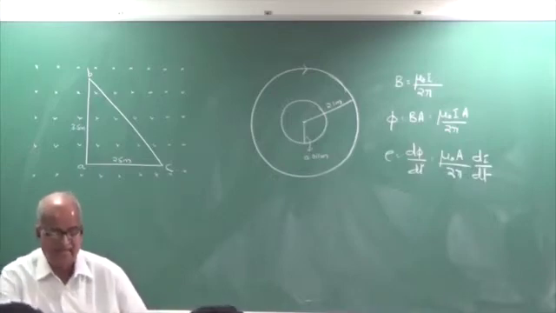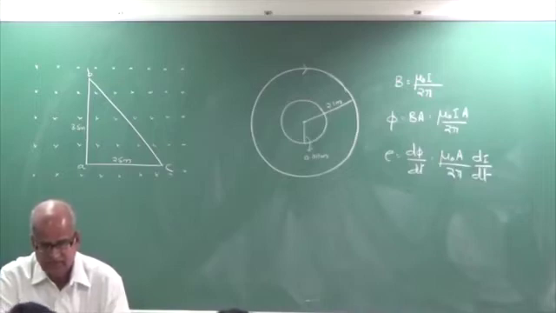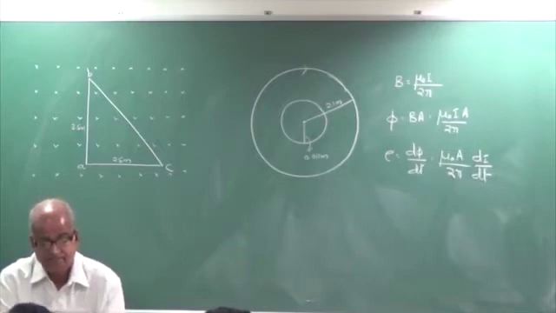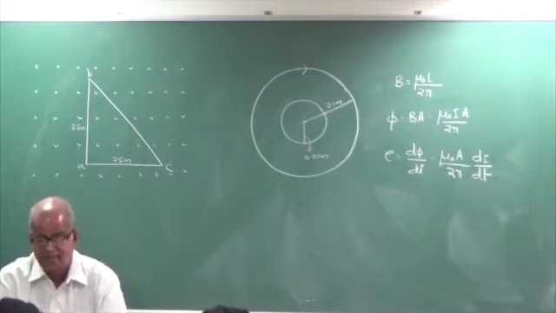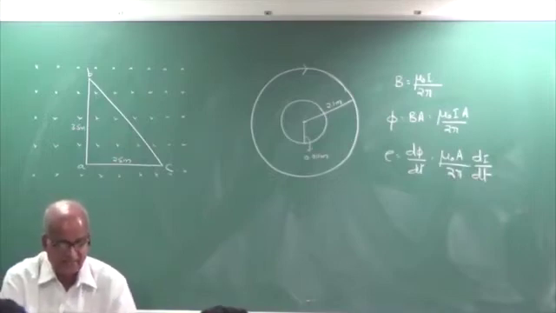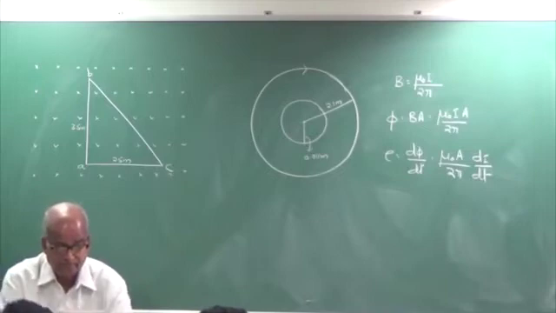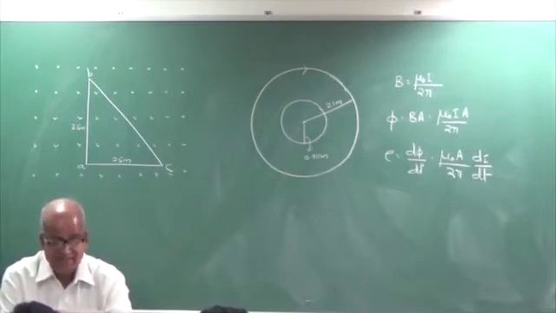There is a uniform magnetic field of 0.8 Tesla out of the paper in the entire region. What is the average EMF induced in this circuit?